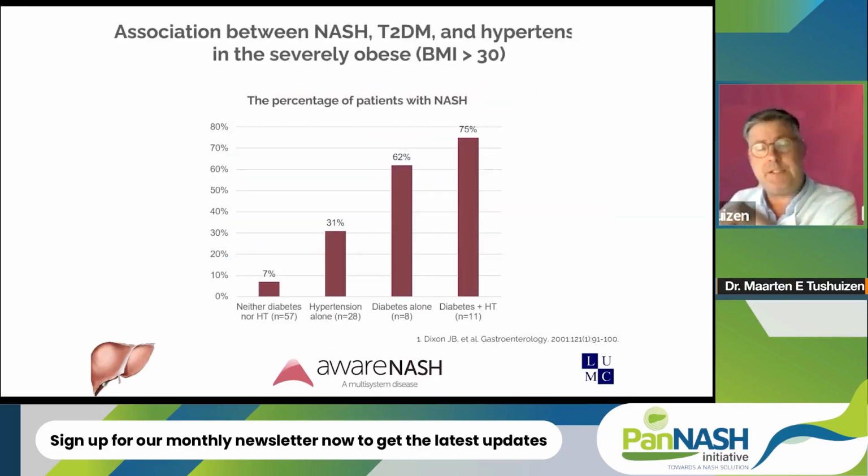So this figure shows you the association between NASH, type 2 diabetes, and hypertension, especially in obese patients. As I said, obesity is an independent risk factor for NAFLD, and over 80% of the patients with NASH have obesity.